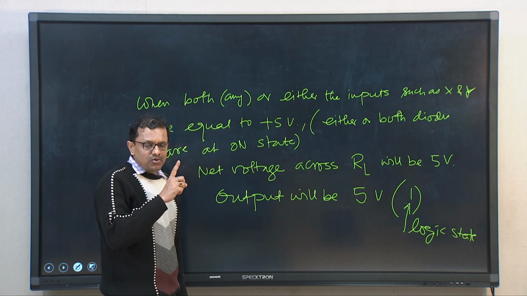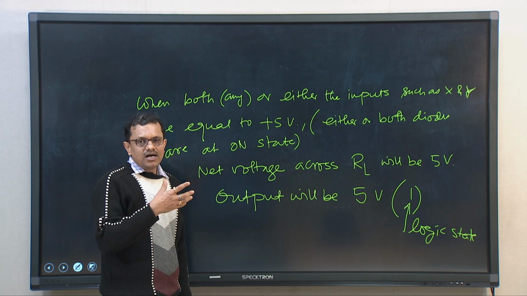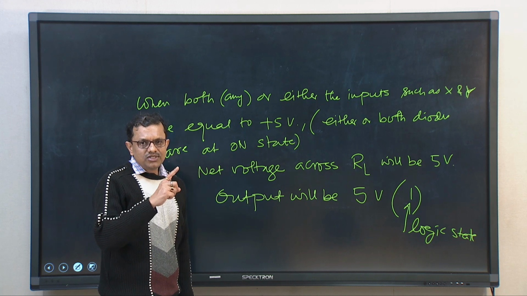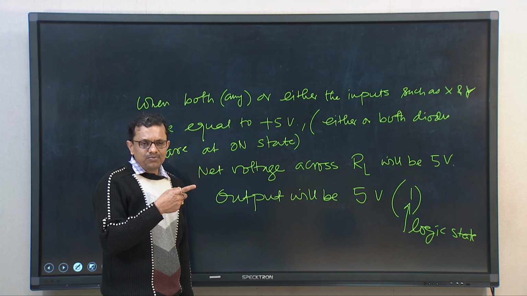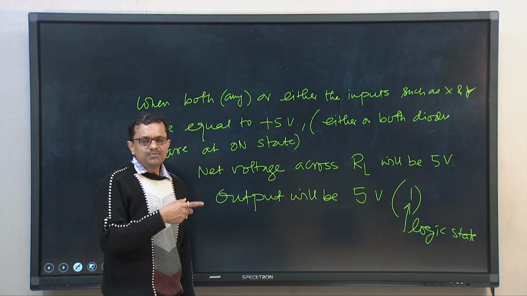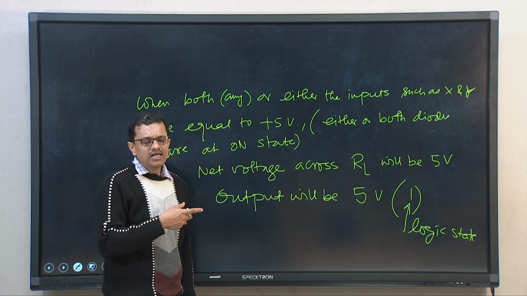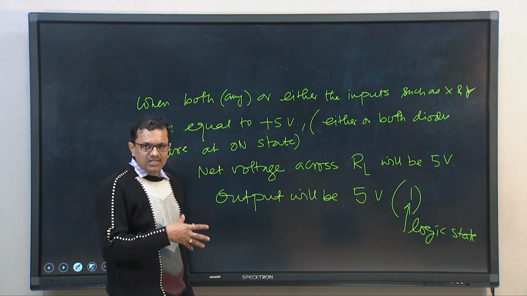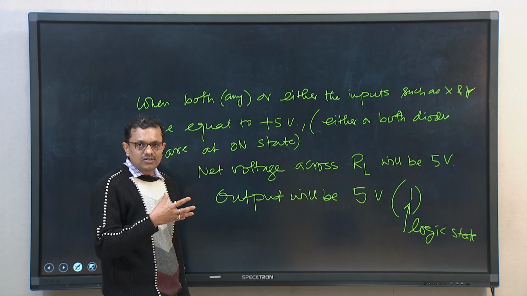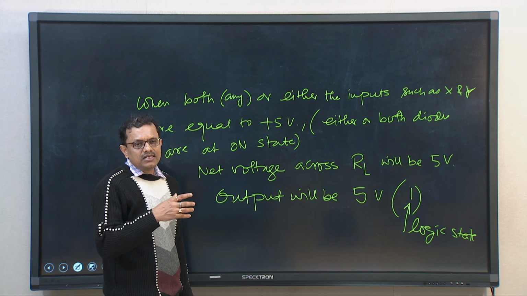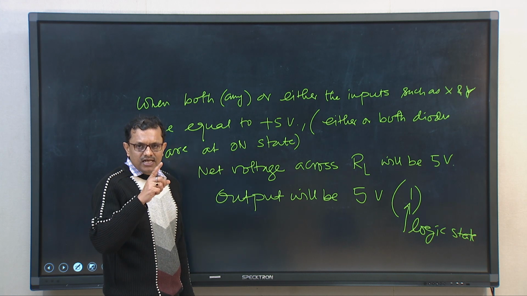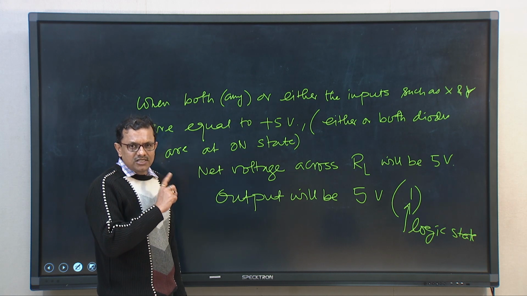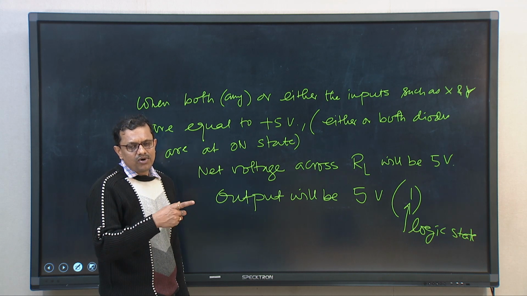So, we could retrieve the truth table that we discussed a few minutes back. If both inputs are 0, then the output is 0. If either of the inputs is 5 volt or both inputs are 5 volt, then the voltage across RL will be 5 and the output will be the logic 1 state. So, 0 0 gives 0, 0 and 1 gives 1, 1 0 also gives 1, and 1 1 also gives 1.